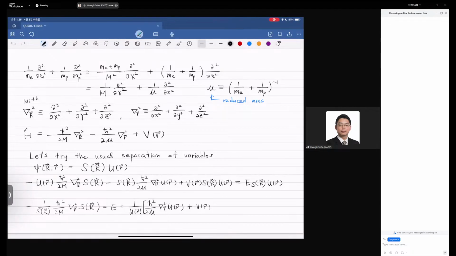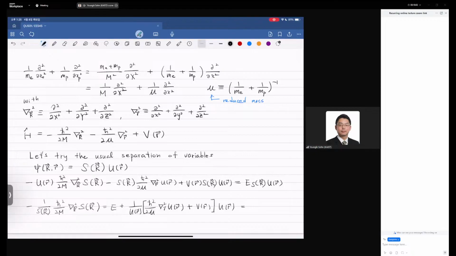You can actually group this like this. So the left-hand side and the right-hand side are only a function of capital R and only a function of small r, respectively.